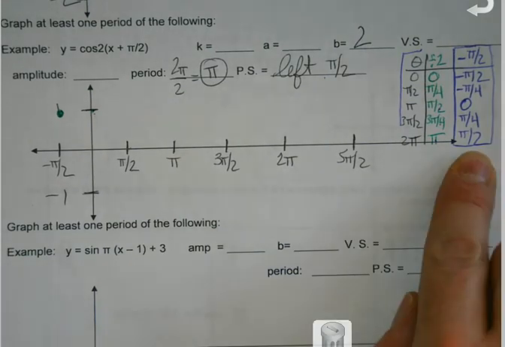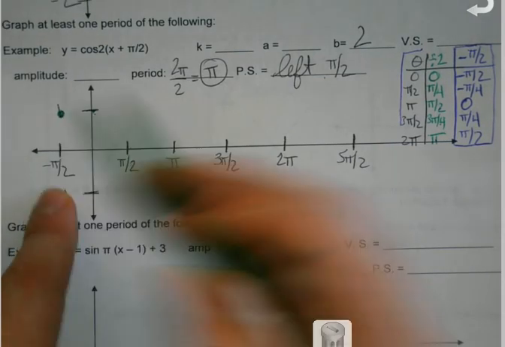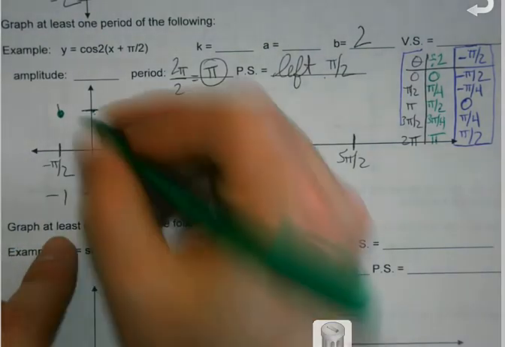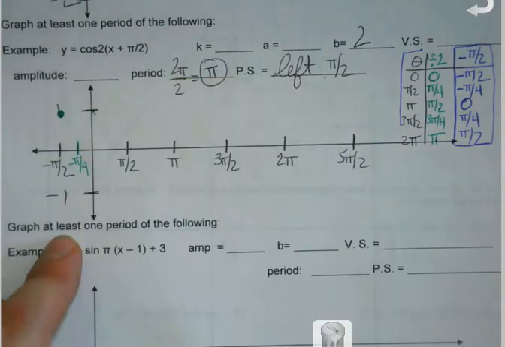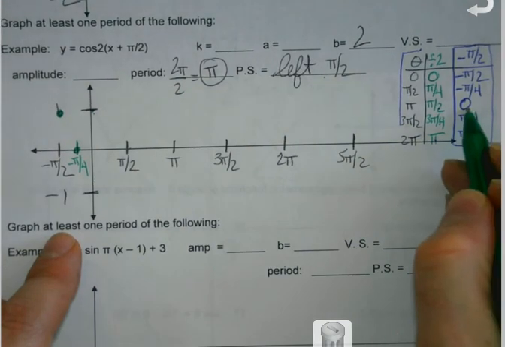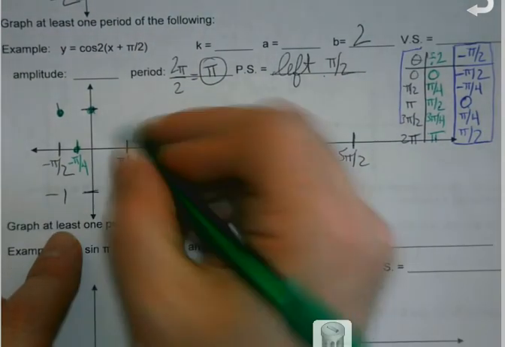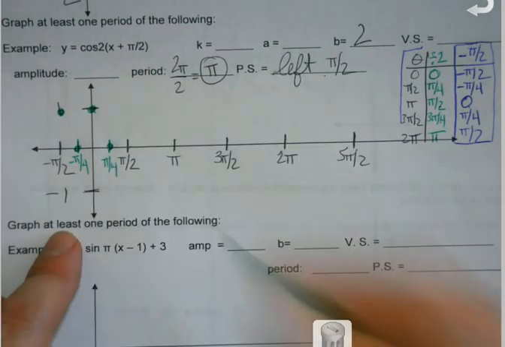So these guys, using my 1, negative pi over 4. 1/4, right in between negative 1/2 and 0 in this case. So 1, 0, 0 gets me back to 1. Pi over 4, again, is in between those.